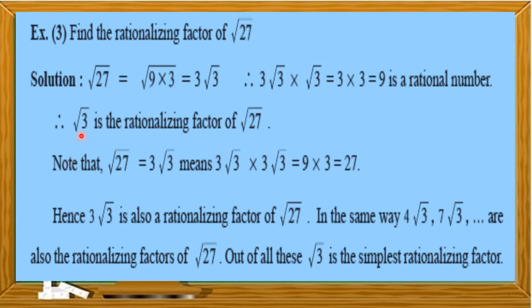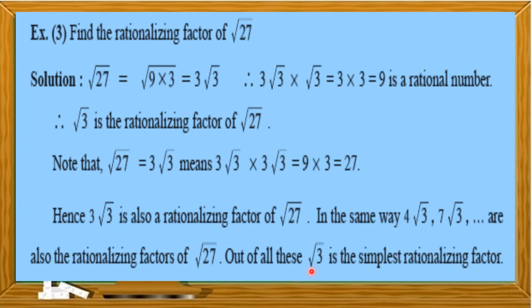In this way, root 3 is the rationalizing factor of root 27. Note that root 27 is equal to 3 root 3, and 3 root 3 into 3 root 3 is equal to 9 into 3 is equal to 27. Hence, 3 root 3 is also a rationalizing factor of root 27. In the same way, 4 root 3, 7 root 3 are also rationalizing factors of root 27.